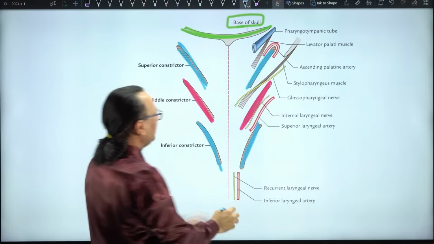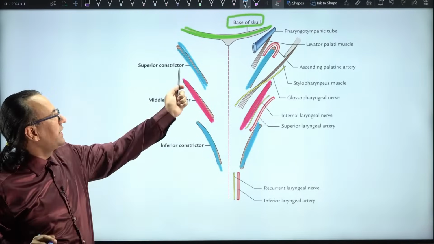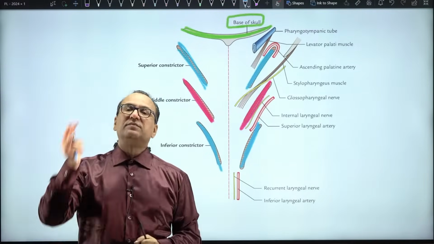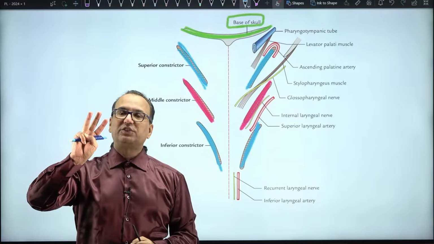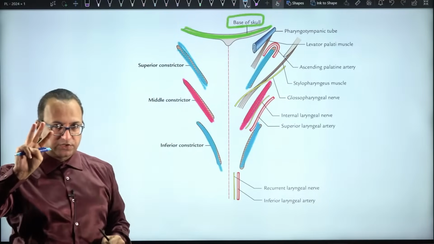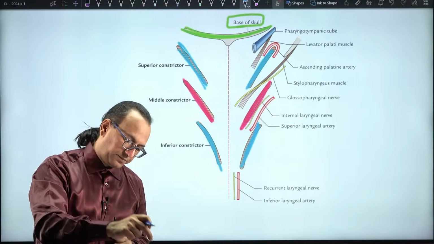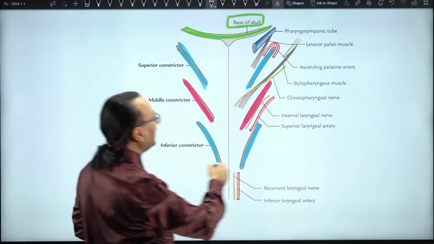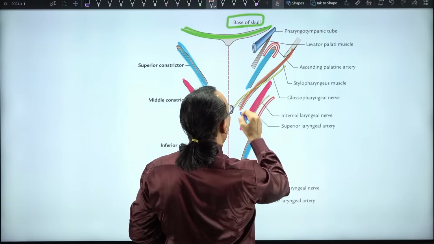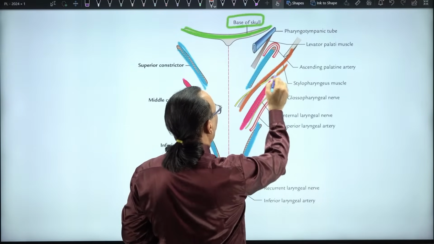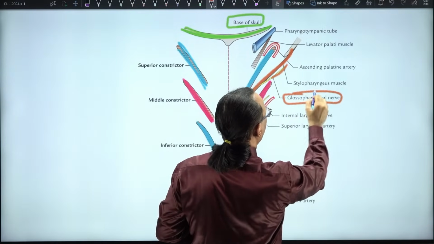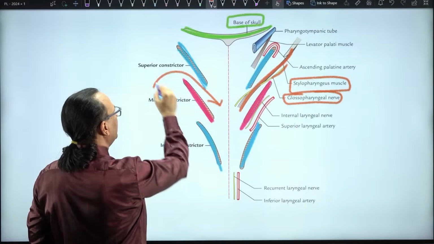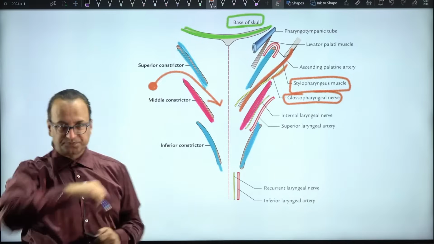Now as you can see, there are some structures passing between the superior and middle pharyngeal constrictor, and that is the muscle of third arch and nerve of third arch. Which is the muscle of third arch and which is the nerve? As we know, the muscle of the third arch is the stylopharyngeus muscle, and the nerve of third arch is the glossopharyngeal nerve. So the glossopharyngeal nerve and stylopharyngeus muscle pass through this region, and that was your question.